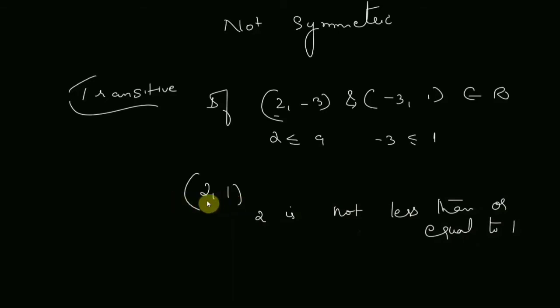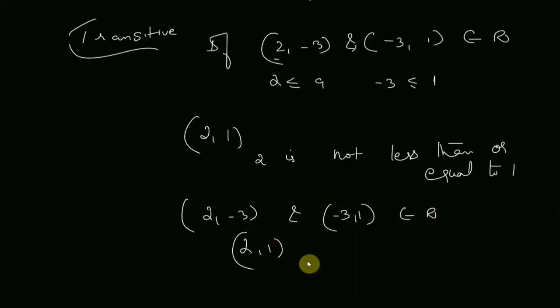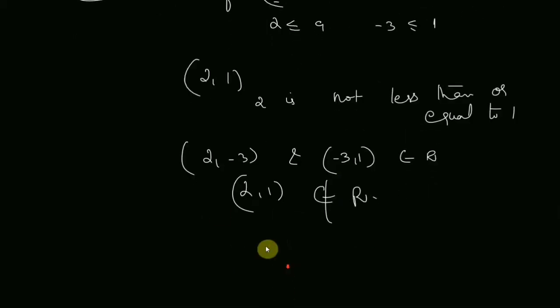No. So (2, 1) is not in R. Because (2, 1) is not in R, the relation is not transitive. (2, -3) and (-3, 1) belong to R, but (2, 1) is not in R.